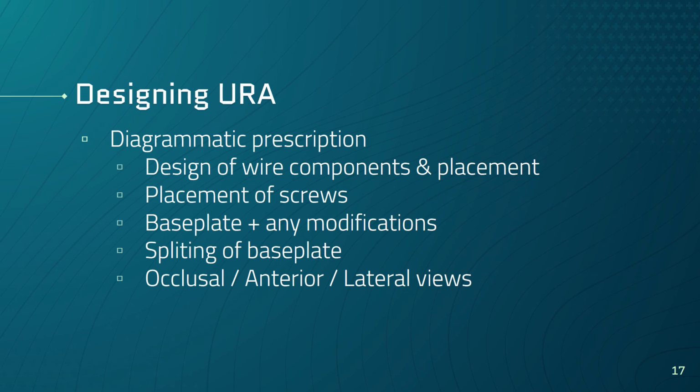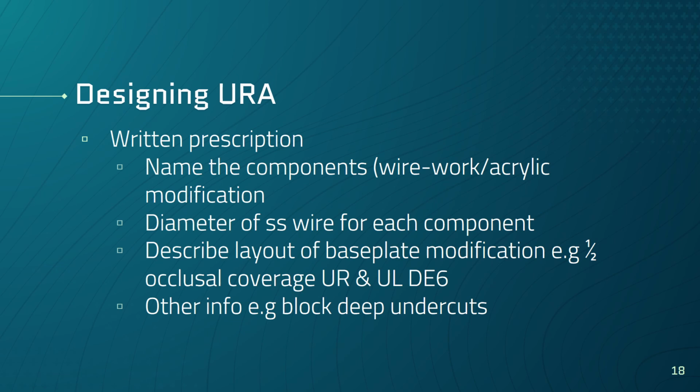And sometimes it's not enough to show an occlusal view of the design, but we may need to show anterior and lateral views. Now, the written prescription should name the components, for example, the wire work and acrylic modification needed. It must specify the diameter of stainless steel wire for each component.